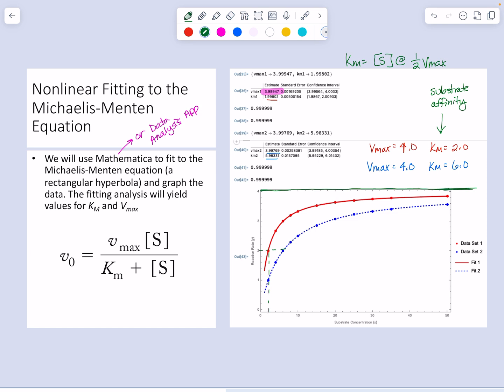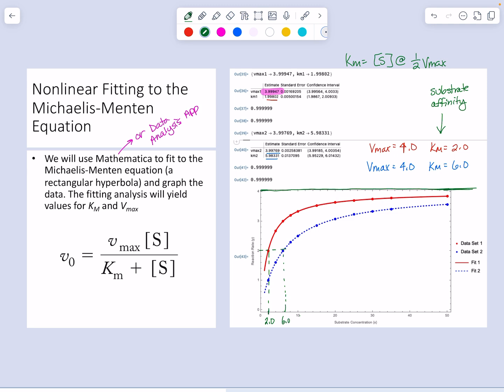So this is 10, this is 1, 2, 3, 4, 5, so each one is 2, so that's 2.0. And then for our other one, my line is very terrible, that's 6.0, right?